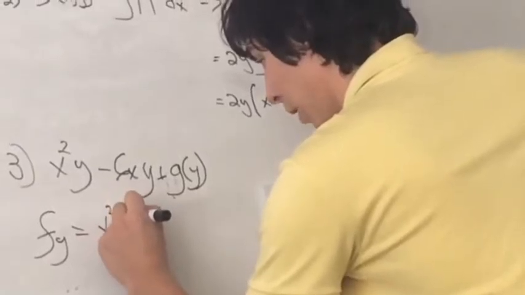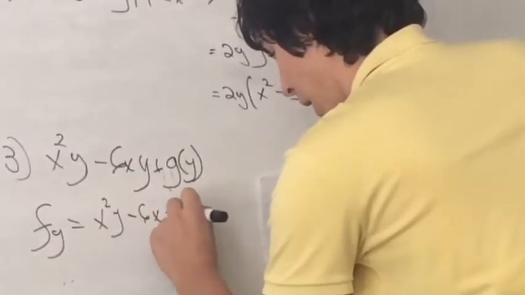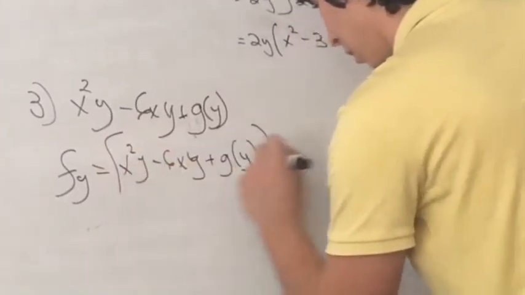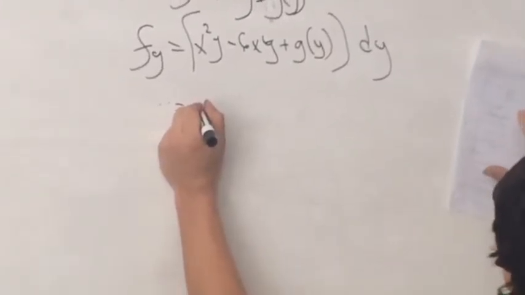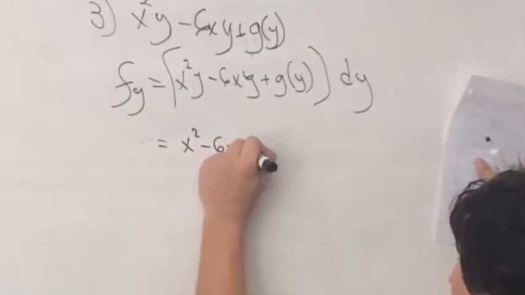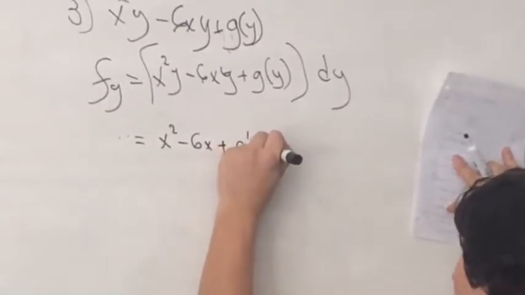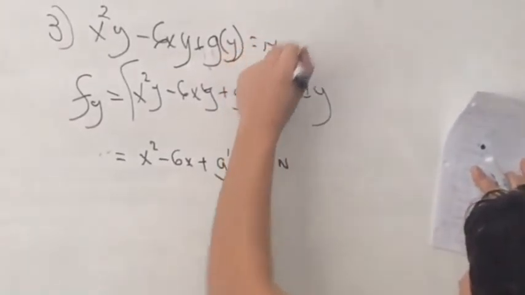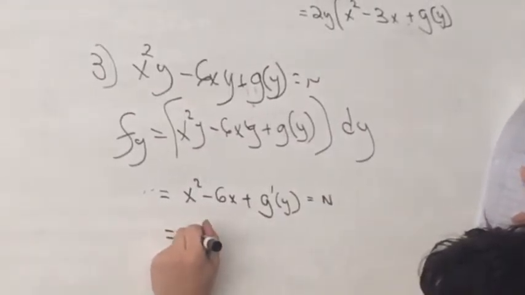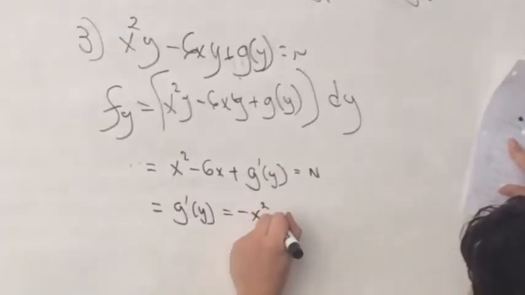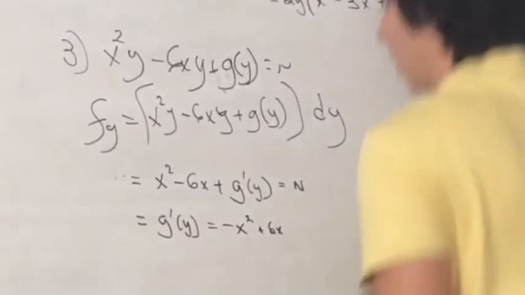So we have the derivative of x squared y minus 3x plus g of y, which gives us x squared plus g prime of y, and this equals N. So we end up getting g prime of y equaling 4y minus x squared plus x squared, so g prime of y is 4y.